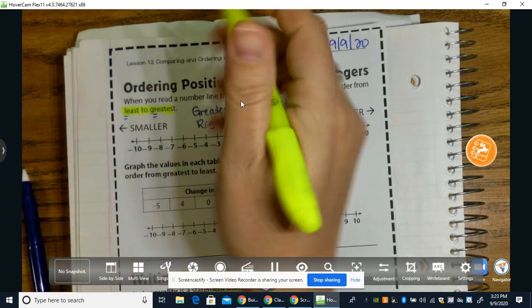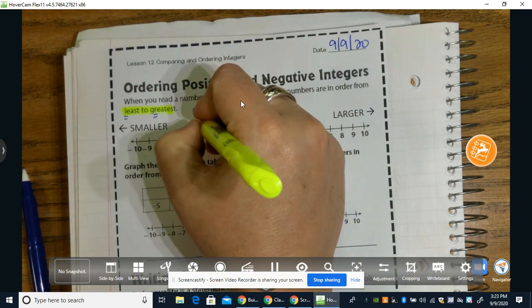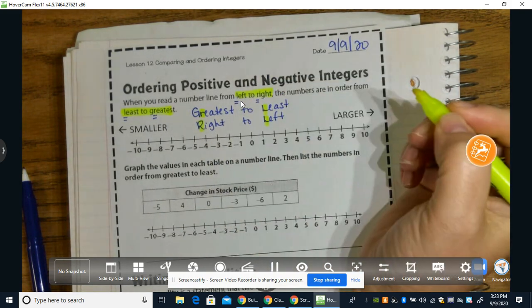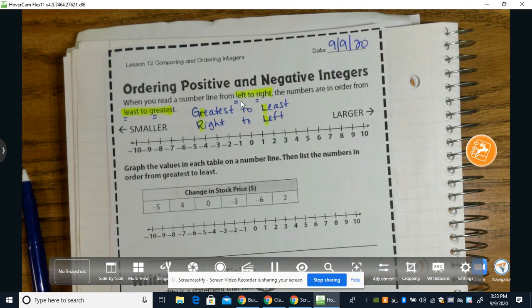You see how there's an R in greatest and an R in right, an L in least and an L in left. So that's a little key tidbit that we can take away when we are ordering integers, ordering rational numbers, ordering numbers in general.